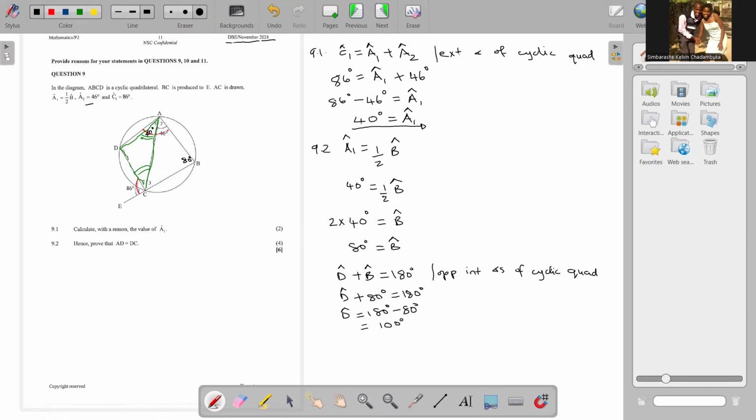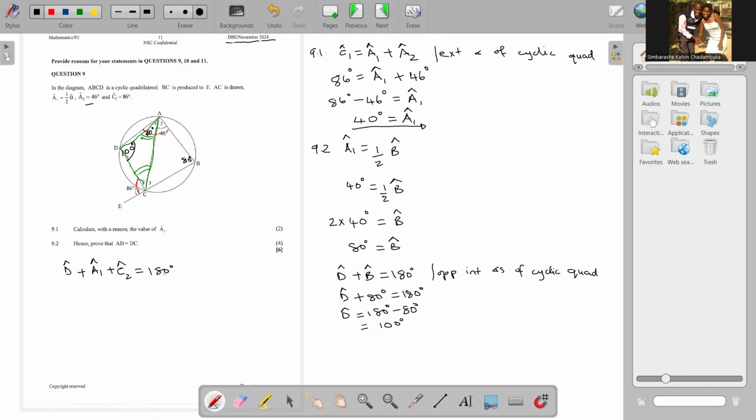Now go back to the triangle which we covered in green. We now have this angle, which we just calculated to be 100 degrees. We now want to calculate the third angle. We know that angle D plus angle A1 plus angle C2 must give us 180 degrees.